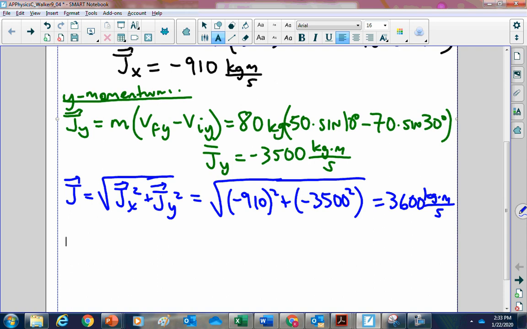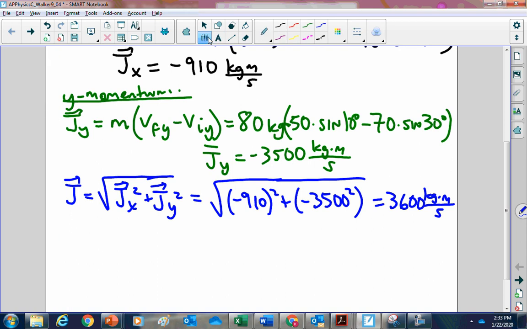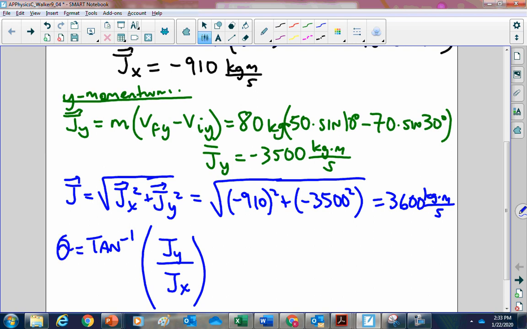So I'm going to go inverse tangent of the y over x would give me the angle. And when I do that, then I get 75.4 degrees.